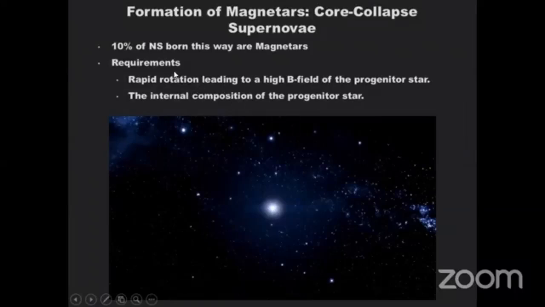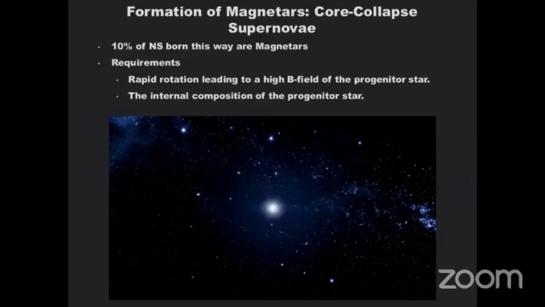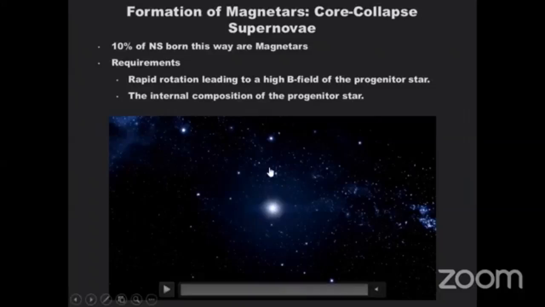Now, about 10% of neutron stars born through core collapse become magnetars. Okay. Now, to become a magnetar, the progenitor star has to have some initial conditions. One of those initial conditions is the spin.